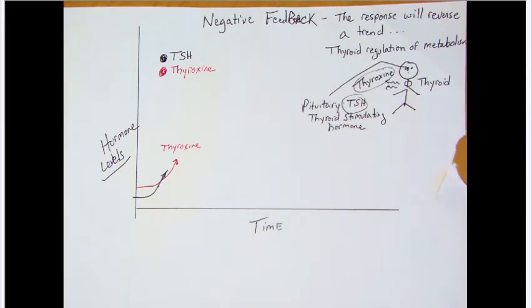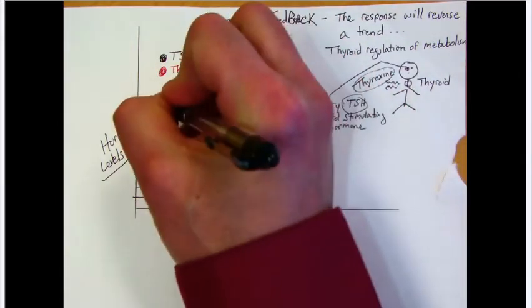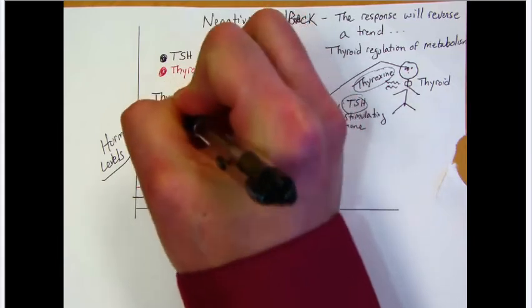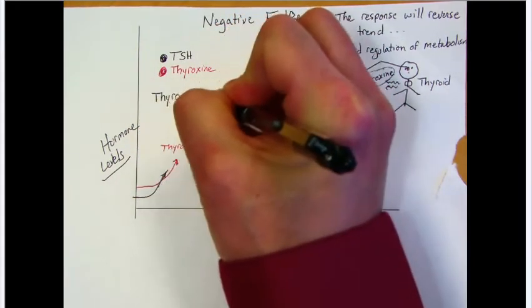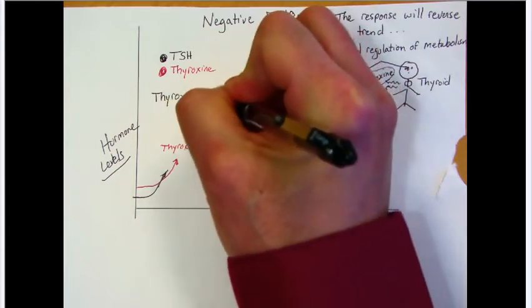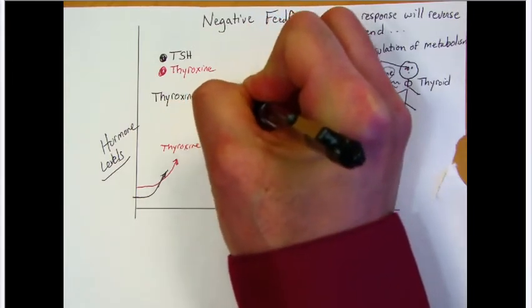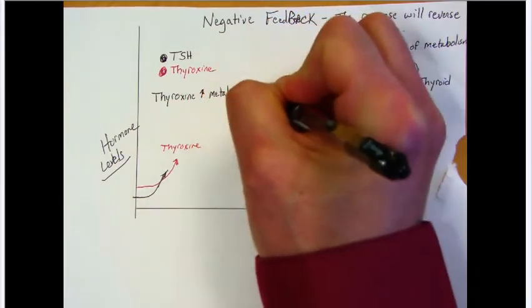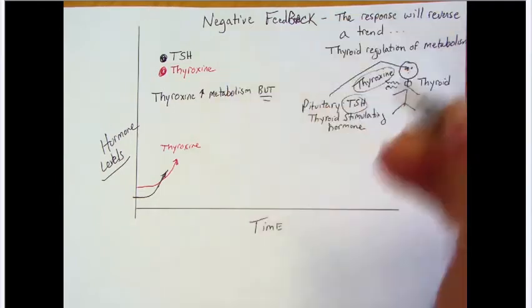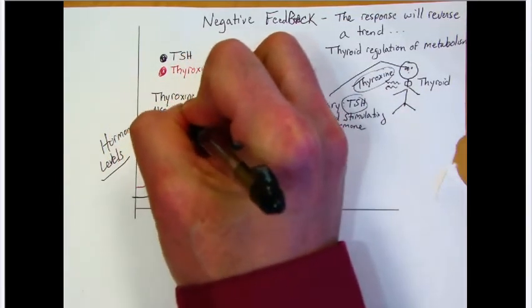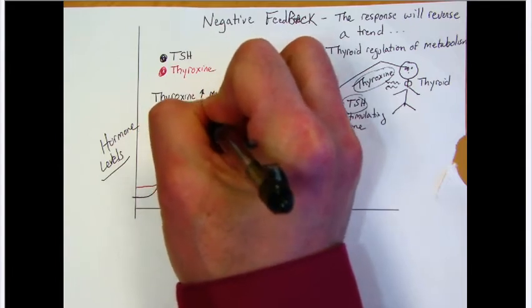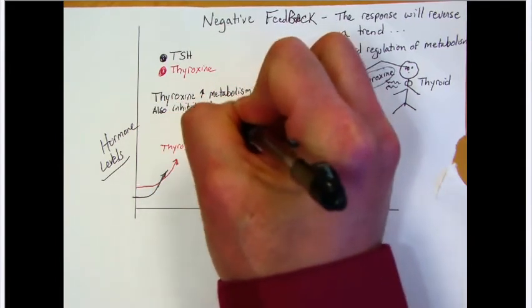Well, there's an important regulating mechanism that is the defining part of what a negative feedback is. Thyroxine has an additional role. It increases metabolism, but also inhibits the pituitary.